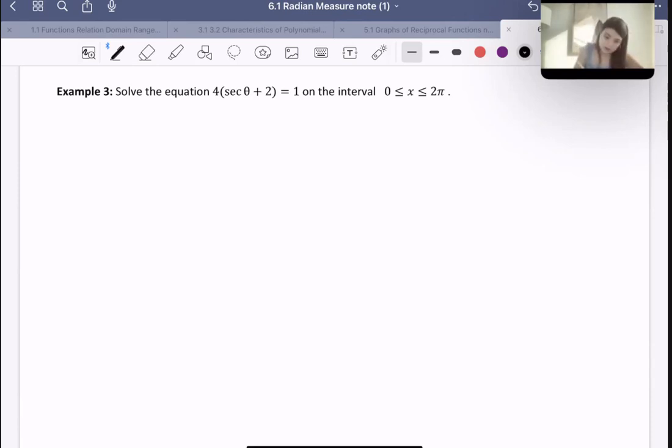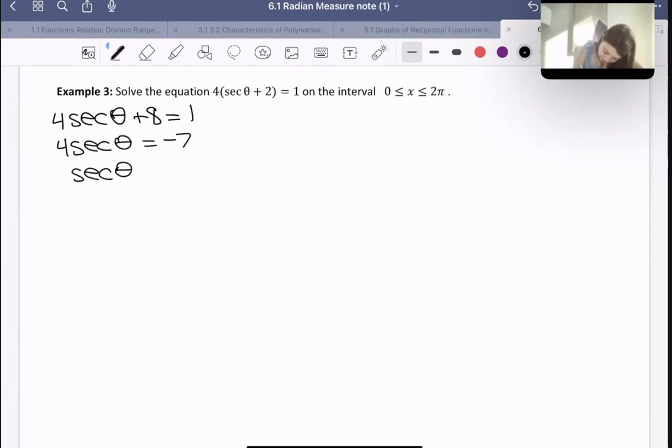If we expand this out, we're going to get 4 secant theta plus 8 equals 1 by the distributive property. Then let's move the 8 over to the other side. So we're going to get 4 secant theta is equal to negative 7, which means secant theta is equal to negative 7 over 4.